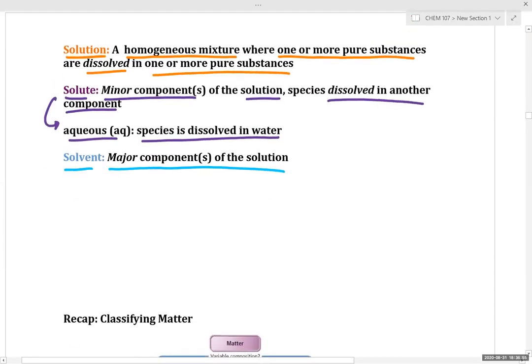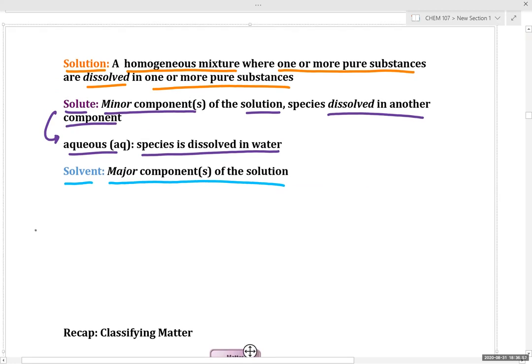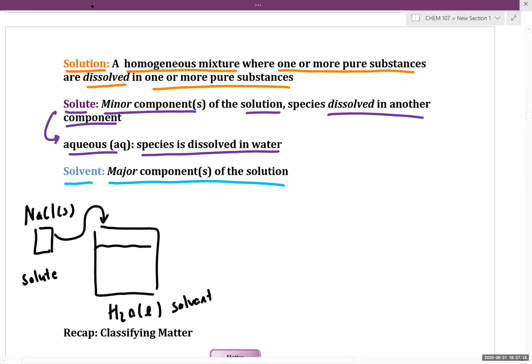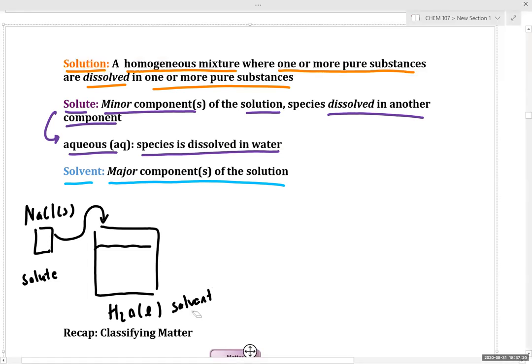Okay, so to give an example of a solution, if we take sodium chloride, table salt, sodium chloride will be our solute in this case, and we dissolve our sodium chloride in a large volume of water. Water, in this case, will be our solvent. Let me label it as such.